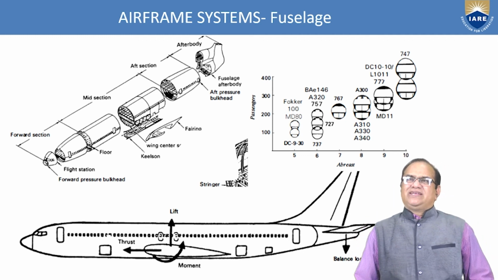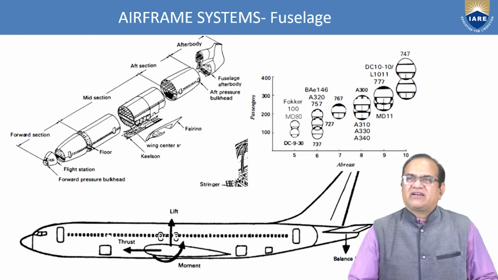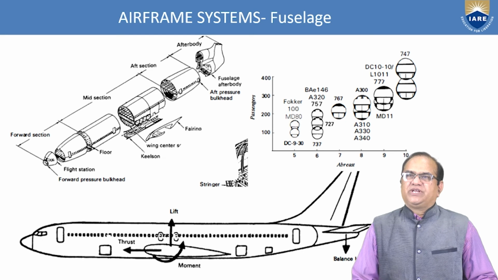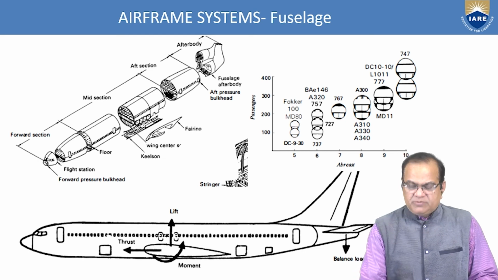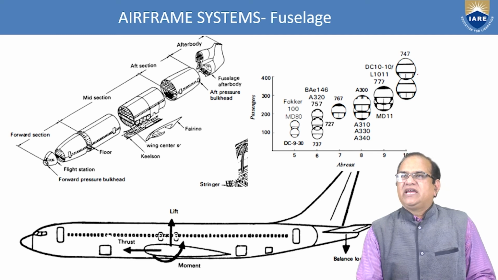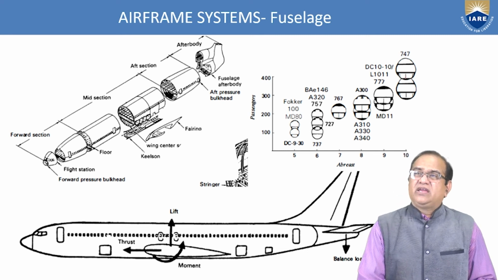And you can see how much percentage of the aircraft is shown here. If you see this plot here, here it is aircraft 747. This aircraft is a double decker.